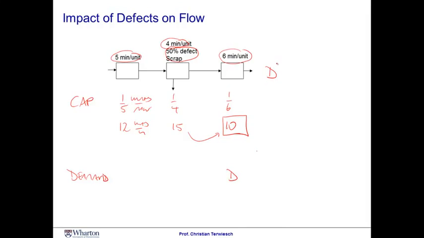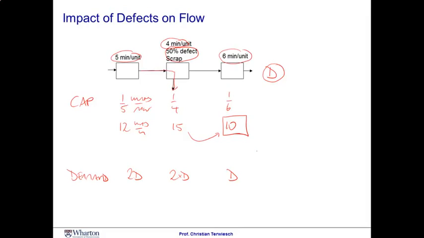Everyone that needs to get served, 1 to 1, has to go through station number 3. How does it look for station number 2? Well, I have to serve 2 times D in order to get D units of output for station 3. Similarly, also at station 1, I have to produce 2D because half of the units will be scrapped at station 2.